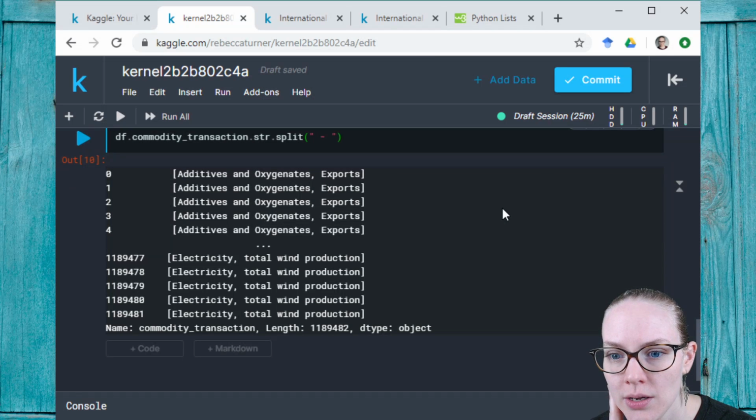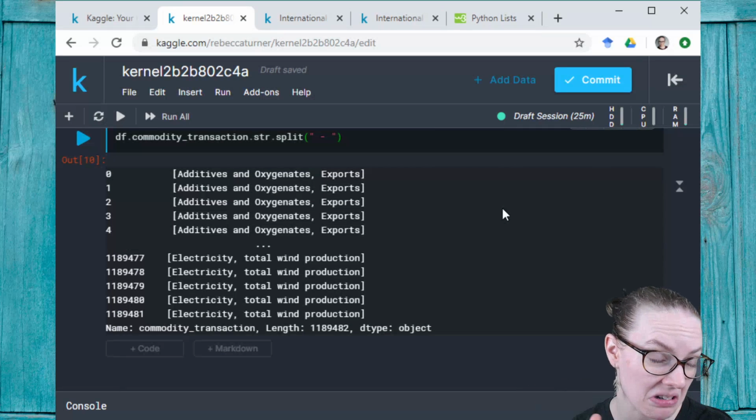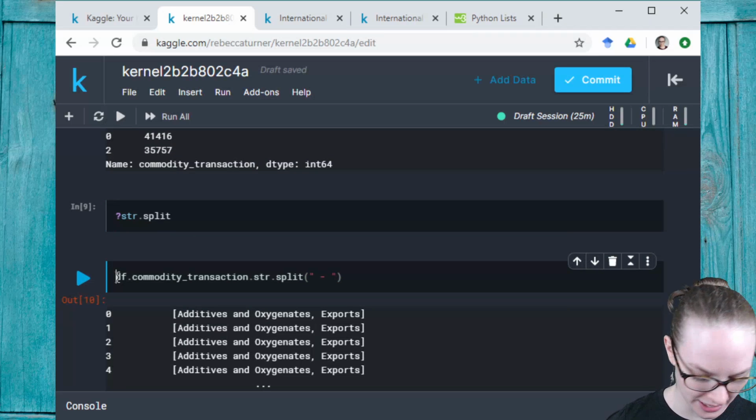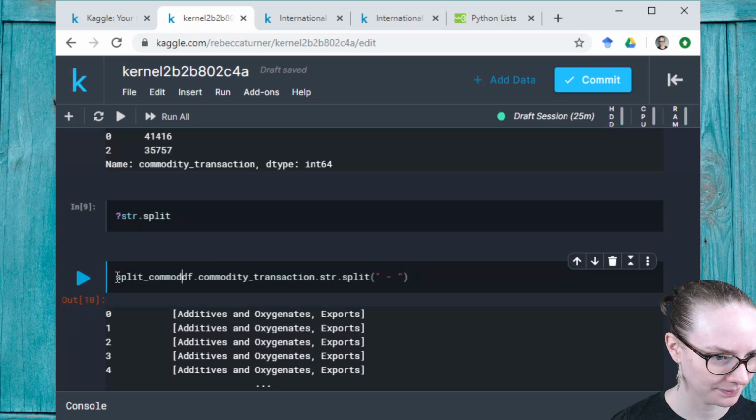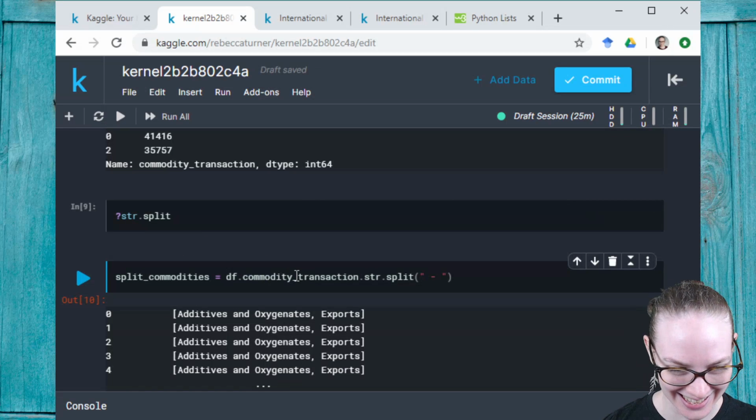So I guess we just start with the first one and we ask for the first one for every row, right? So let's call this split commodities? Nope.